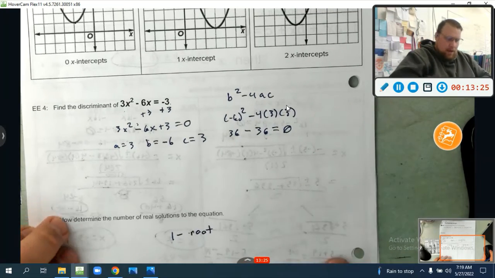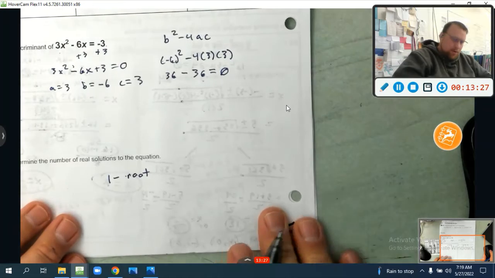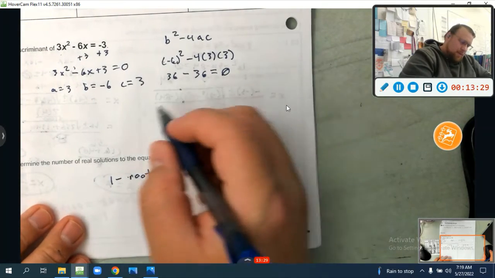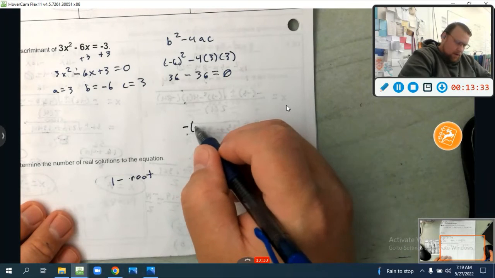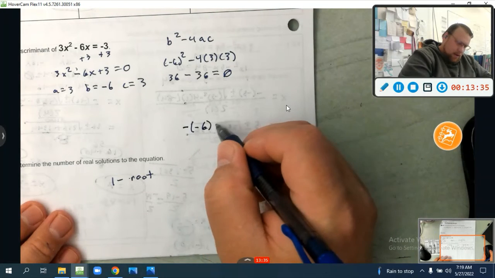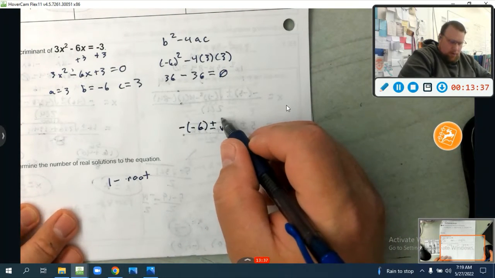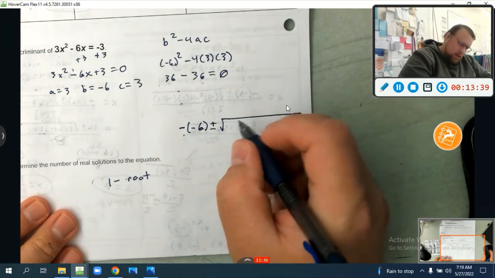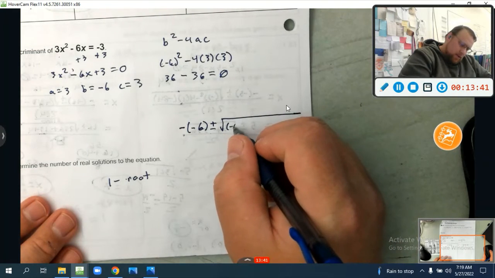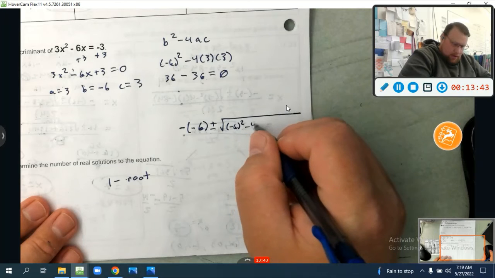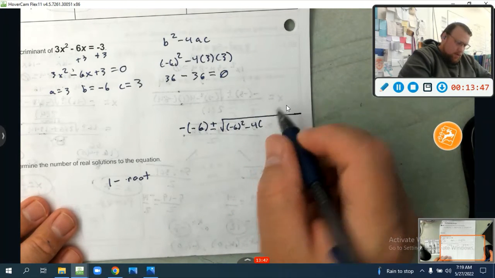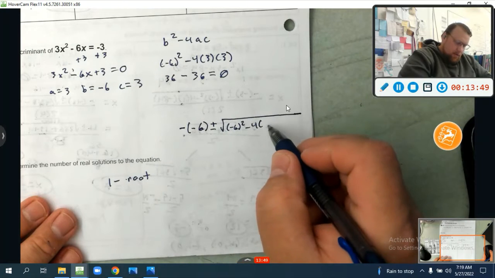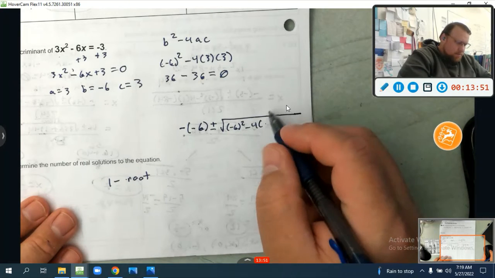And just to prove that, guys, I want to show you what that looks like. I'm going to go ahead and do it. So I'm going to have negative b plus or minus the square root of b squared minus 4 times a times c, all over 2a. What's funny is we already know what this equals, right? But I want you to see this.